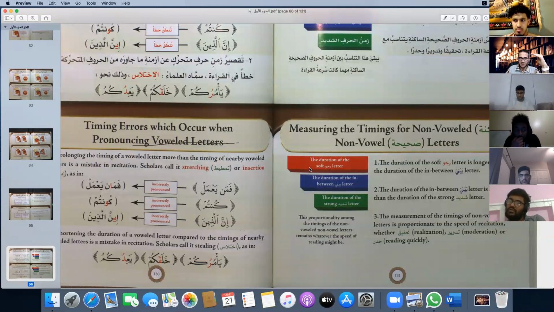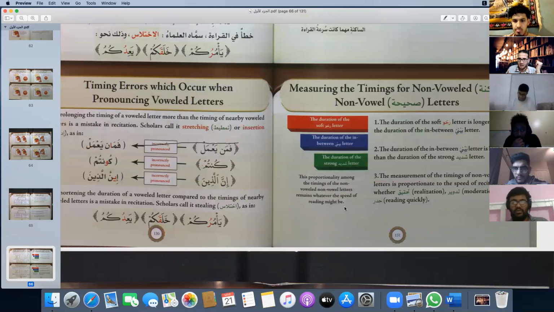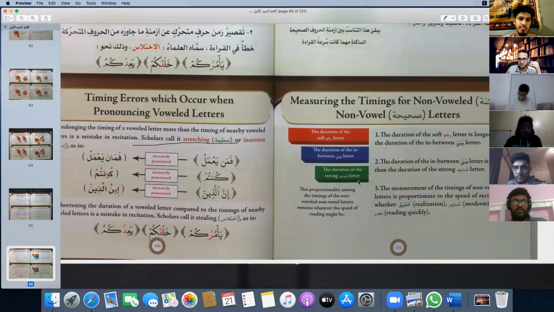The next level is the duration of the in-between letter, and the shortest one is the duration of the strong letter. So the duration of a soft letter is longer than that of an in-between, and the in-between is longer than the strong letter, which is the shortest.